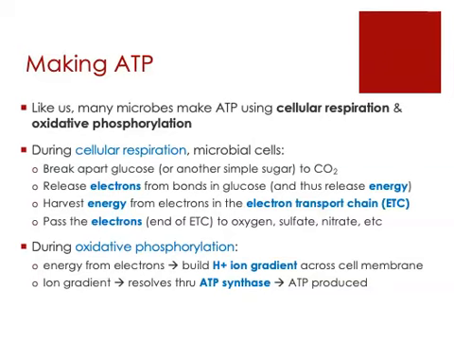Now that ion gradient is going to be allowed to resolve or go away by passing the hydrogen ions across the membrane from the side with the high concentration toward the side with the low concentration through the center of a molecule called ATP synthase.